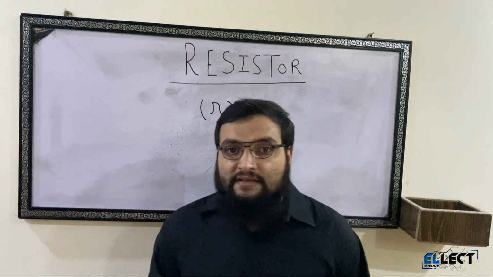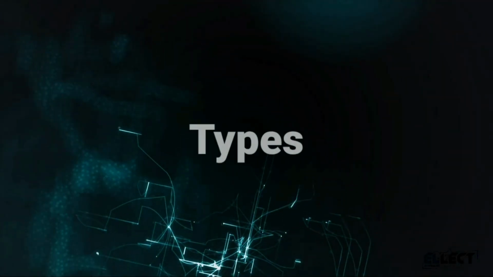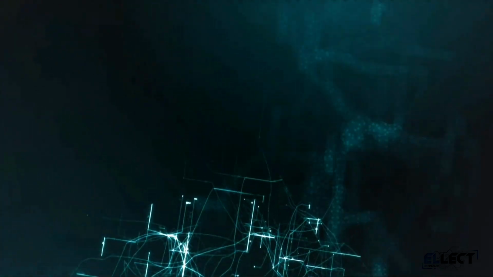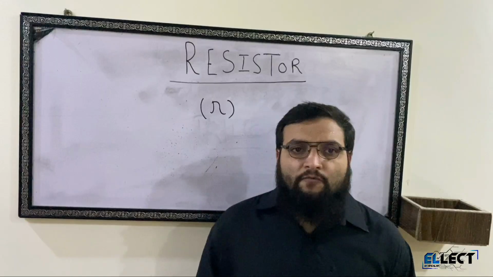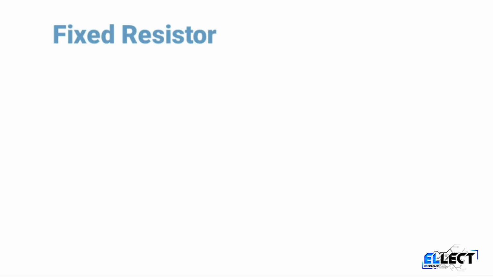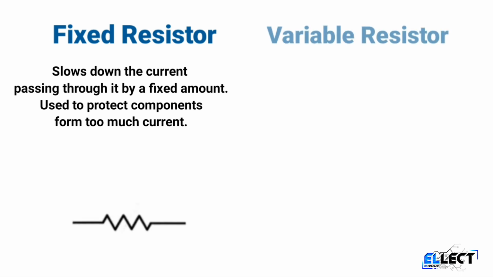It is defined as volt per ampere. There are mainly two types of resistor. One is called a fixed resistor and the other one is called a variable resistor.